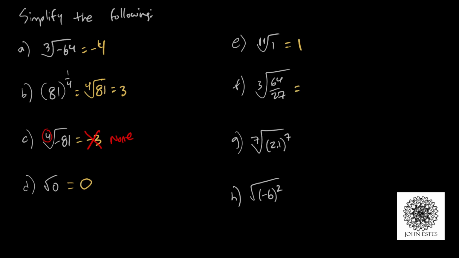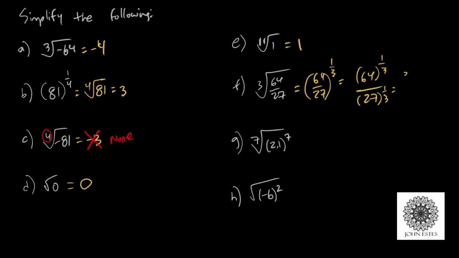Okay, the cube root of 64 over 27. So here I'm going to use some of my properties of exponents. Because remember, this is the same as 64 over 27 to the 1/3 power. And we saw that that means 64 to the 1/3 over 27 to the 1/3.